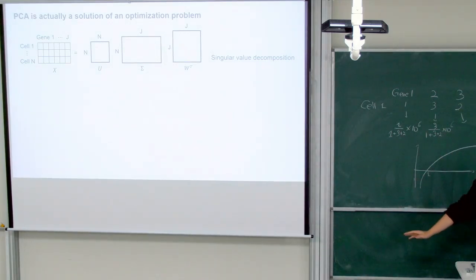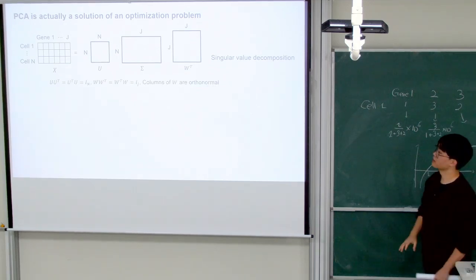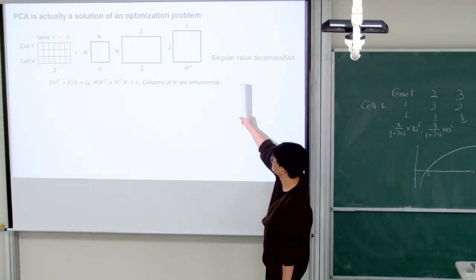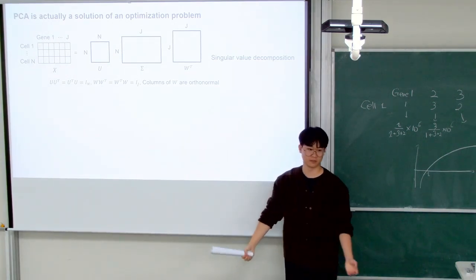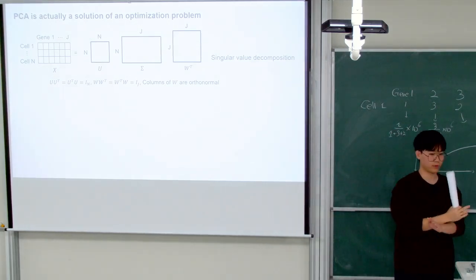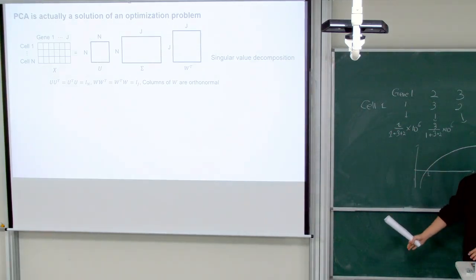The characteristic of these matrices is that the columns of W and rows of U are orthogonal and the size equals 1.